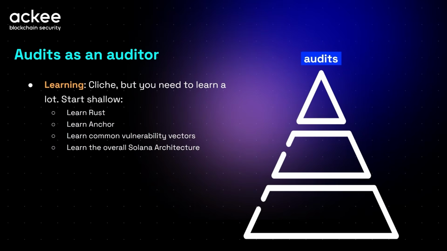So yeah, learn the overall Solana architecture. For example, Helius has a great article about the overall Solana architecture. So read the architecture, read the blog post or the PDF, and ask questions. Currently, we have a lot of available options for getting answers. You can go to social networks such as Twitter.